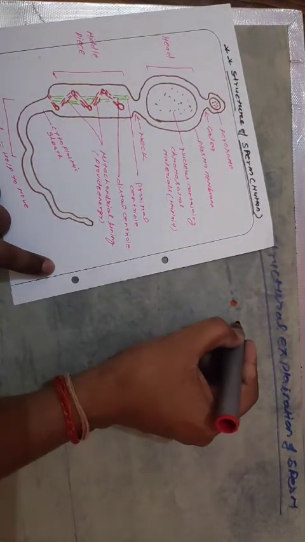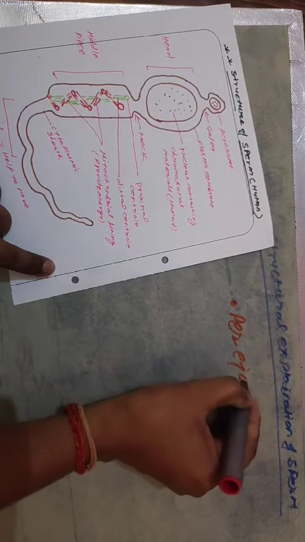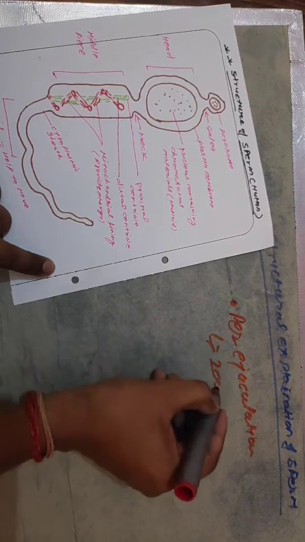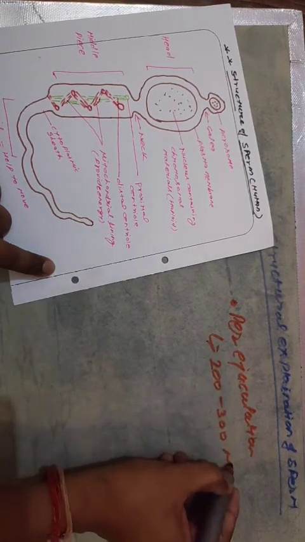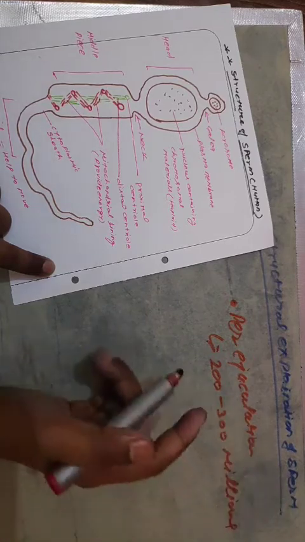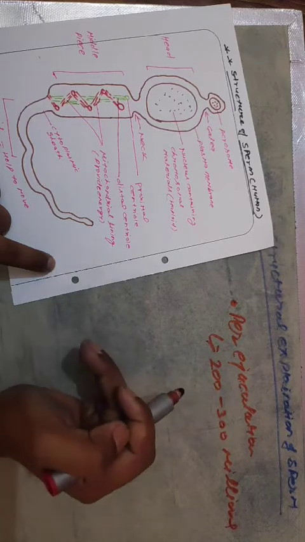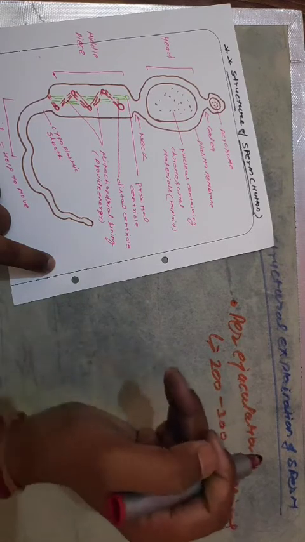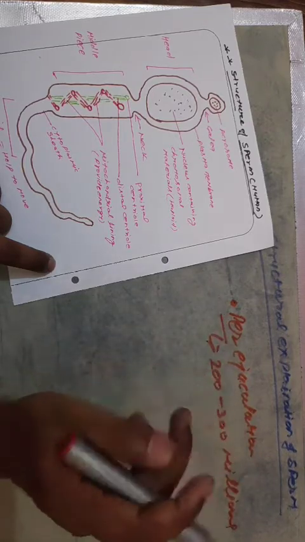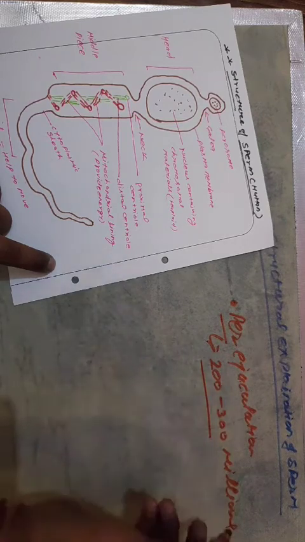Actually, during a single ejaculation about 200 to 300 million sperm are released. It means when the sperm mature and are released from the seminiferous tubules, at the time of coitus, a single ejaculation may release about 200 to 300 million sperm.